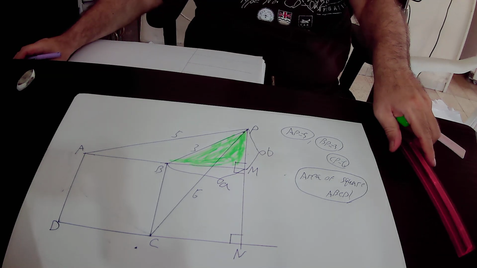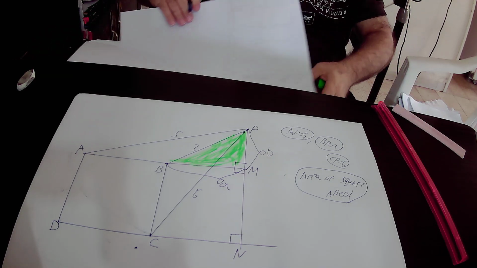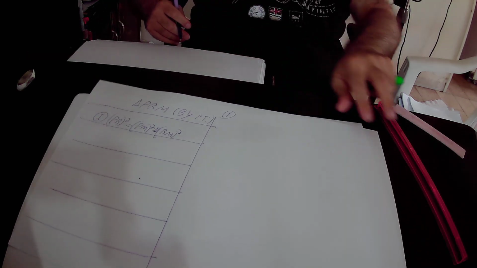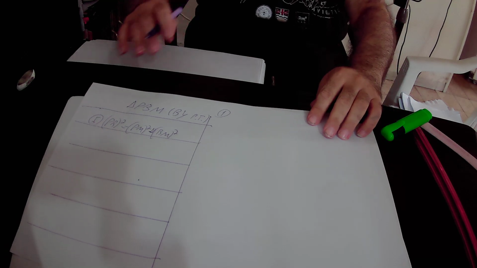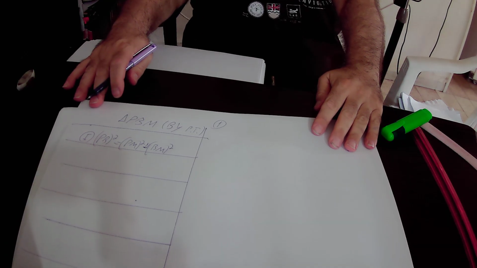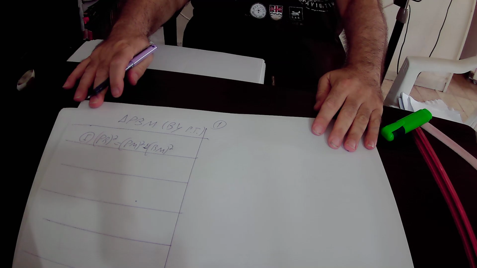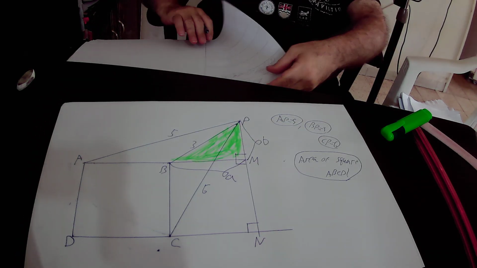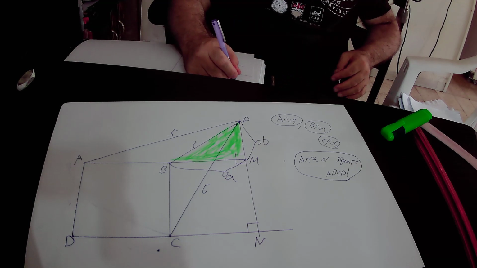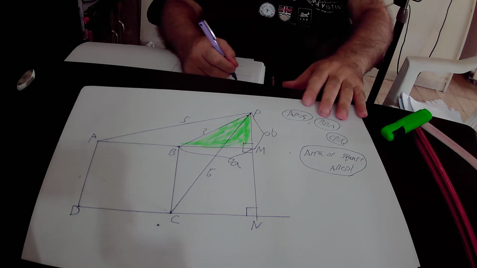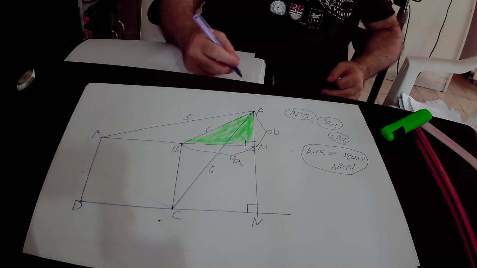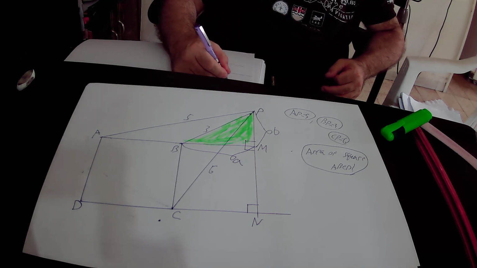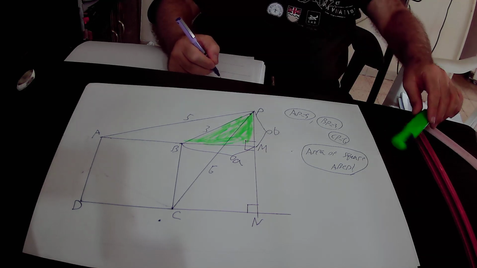I'll repeat again. In the right green triangle, triangle PBM, according to the Pythagoras theorem, PB squared equals PM squared plus BM squared. According to what is given in the question, PB equals 3, therefore PB squared is 3 squared, that is 9, and it is equal to PM squared.